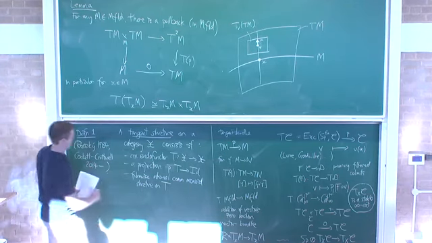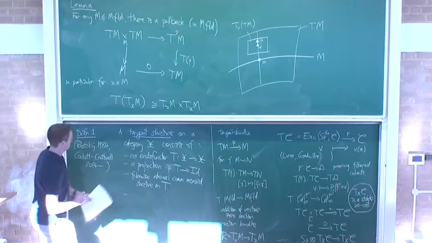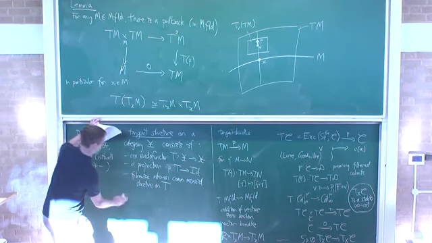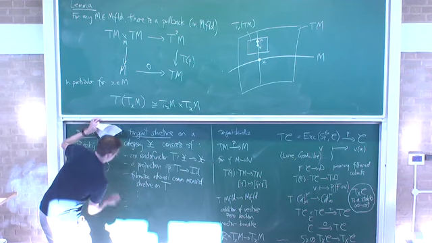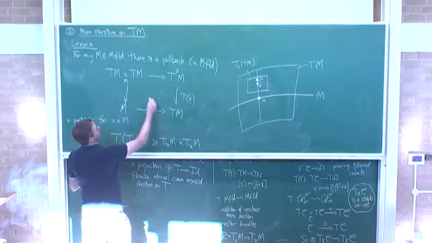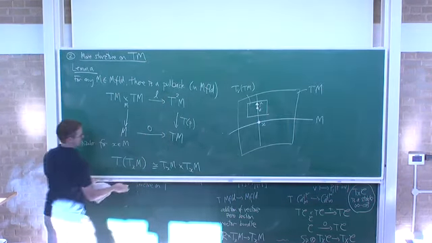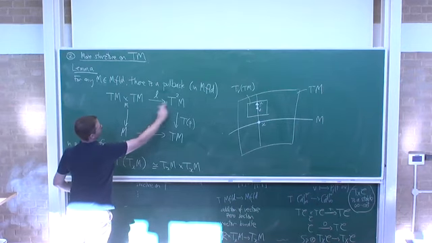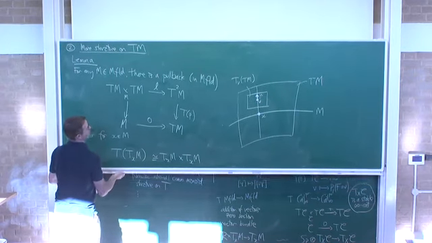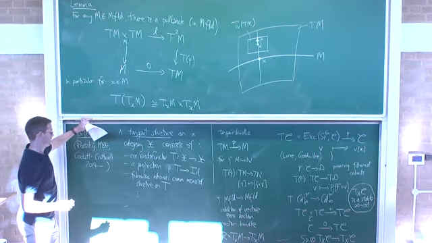Let me add one more thing. There's stuff that I'm not telling you here because there isn't time, but I want to add a natural map L that makes this square into a pullback.